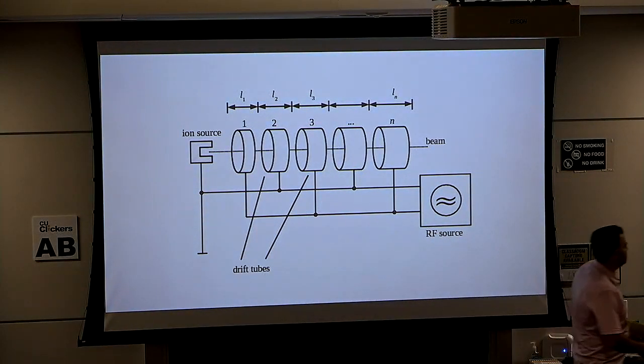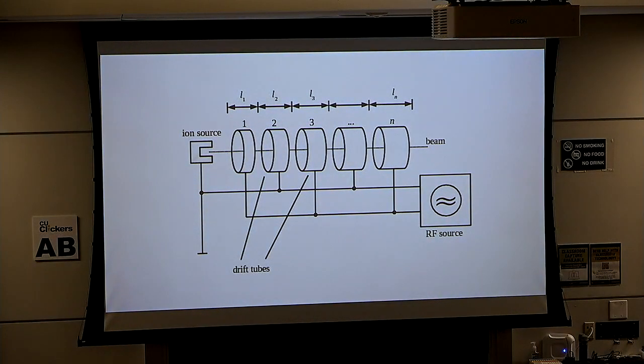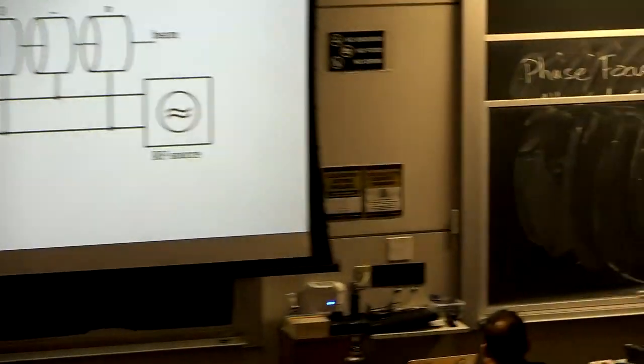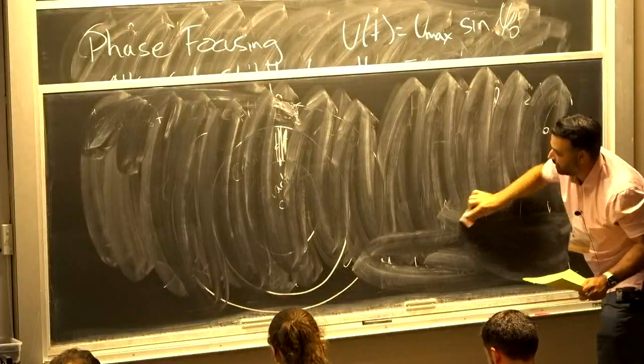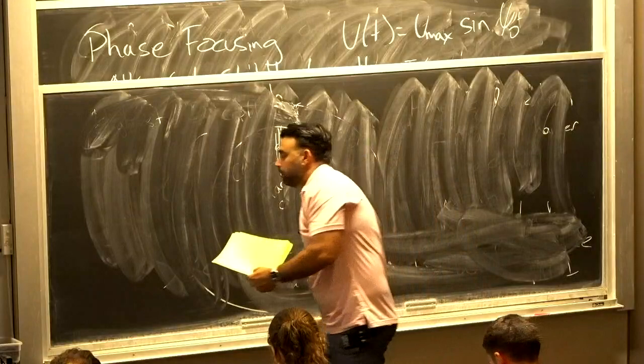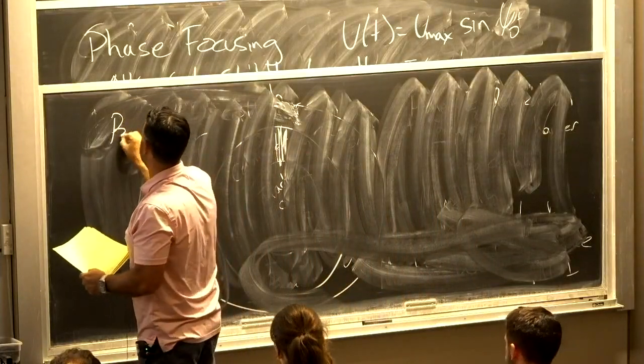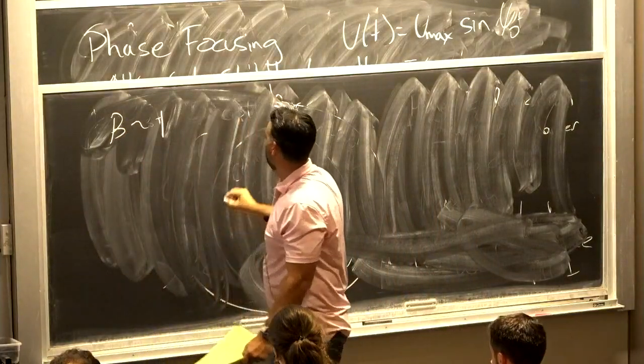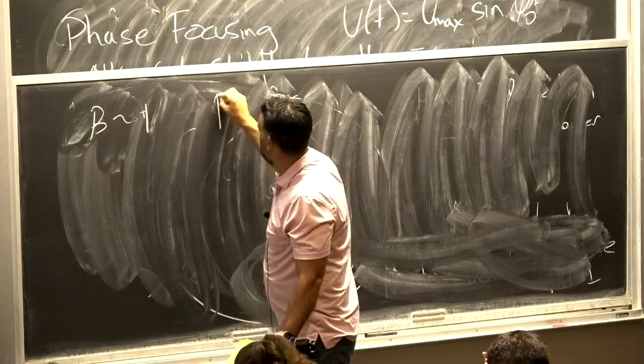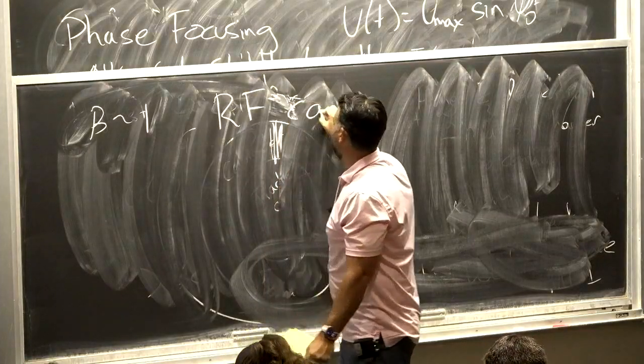And what you typically do after this early concept, and what you see, is that what I can switch to instead of just drift spaces is, since this thing is uniform in size for beta approximately 1, what I can do is what we use are RF cavities.